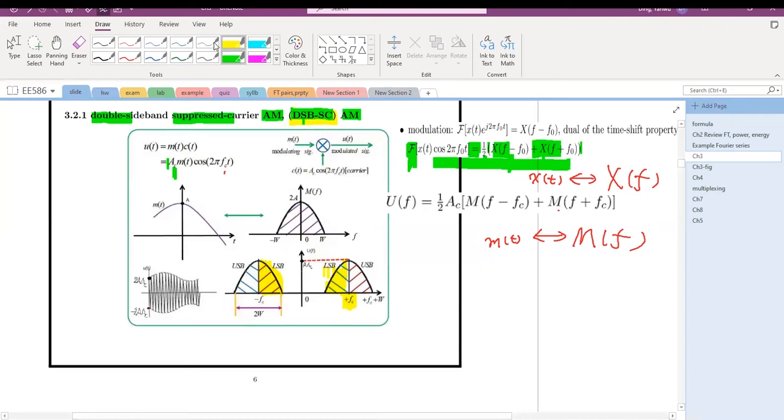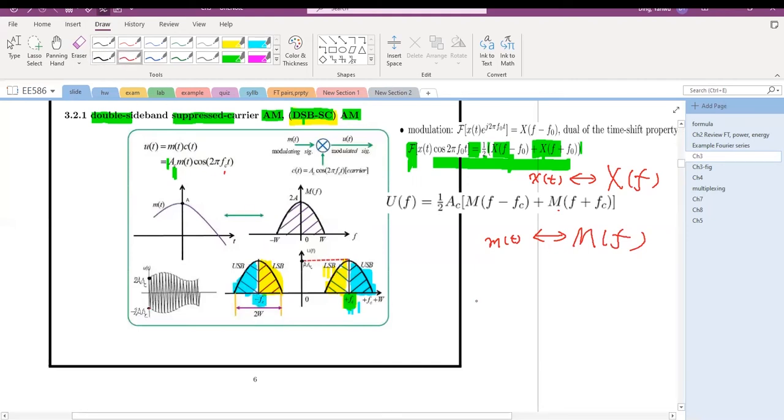An upper sideband signal is defined as a frequency component higher than f_c. So this frequency component is higher than the carrier signal. This is the positive frequency. And by symmetry in the negative frequency, that's this portion. So for positive frequency, the frequency has to be greater than f_c. For negative frequency, it needs to be smaller than negative f_c.